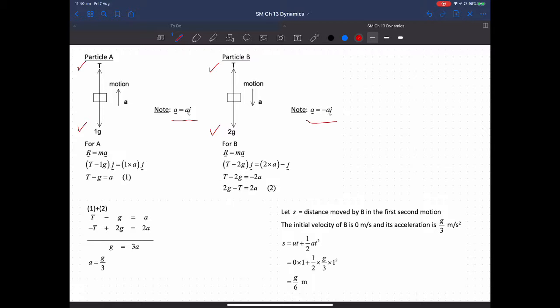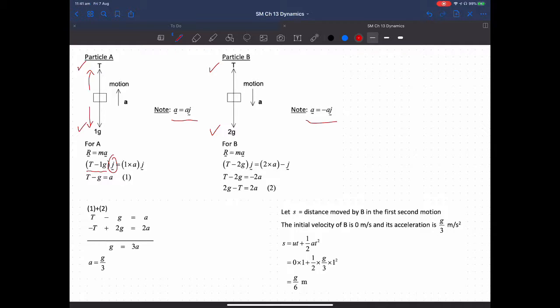So for particle A, the motion equation is R equals ma. Now, R is going to have T going up, so a force of T going up, and a force of 1g going down. So that is T minus 1g, and that is in the j direction.